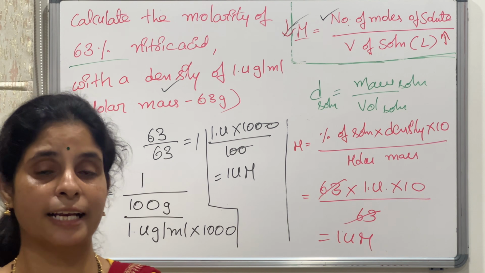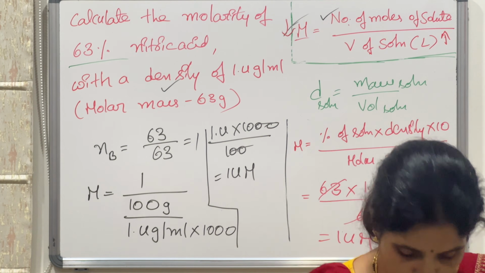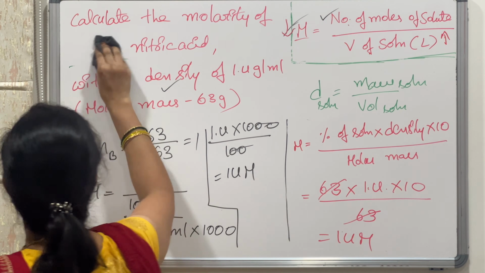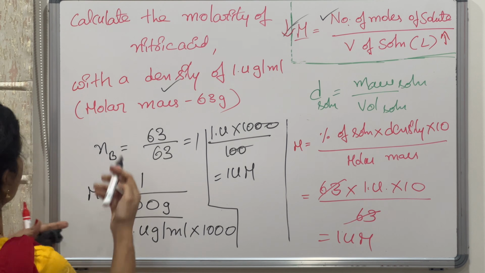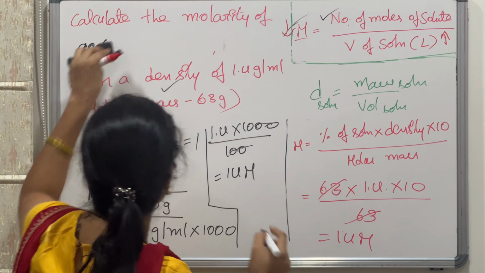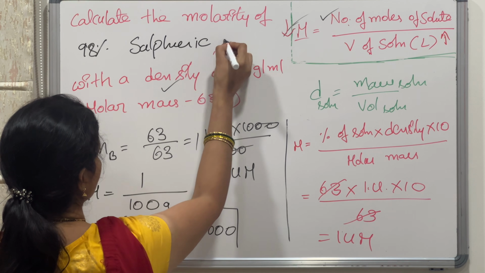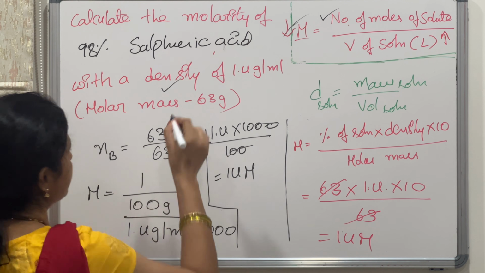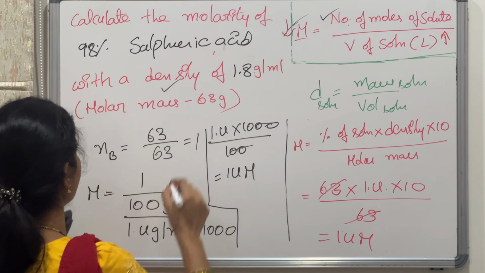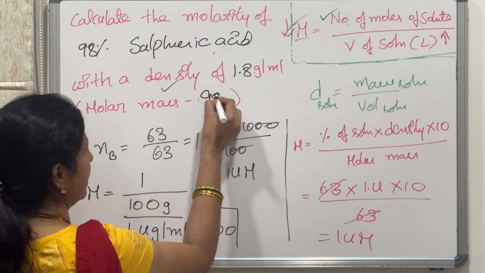For practice, I'll give you another homework question. Calculate the molarity of, here I'll change the question, 98% sulfuric acid with a density of 1.8 gram per ml and with a molar mass of 98 grams.